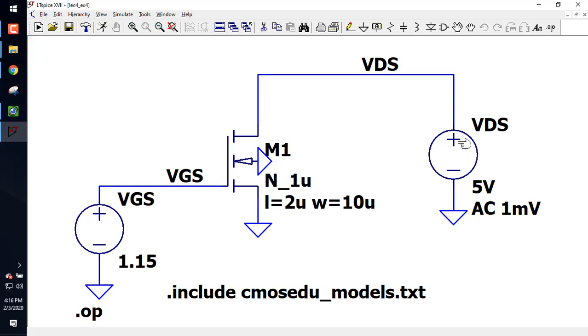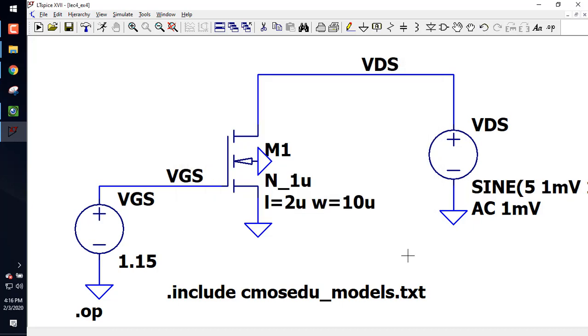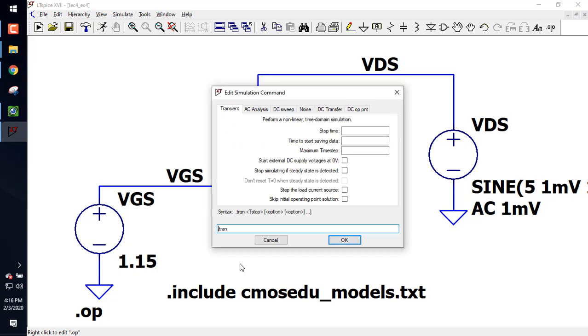Here, then I'm going to change this to sine, and then my DC offset will be 5. My amplitude is 1 millivolt. Frequency, let's just use 1 kilohertz, and no delay. Looking good. And then I'm going to right click here, transient, stop time. How about 5 periods, so 5 milliseconds. Actually, let's not even look at the first 3 milliseconds.